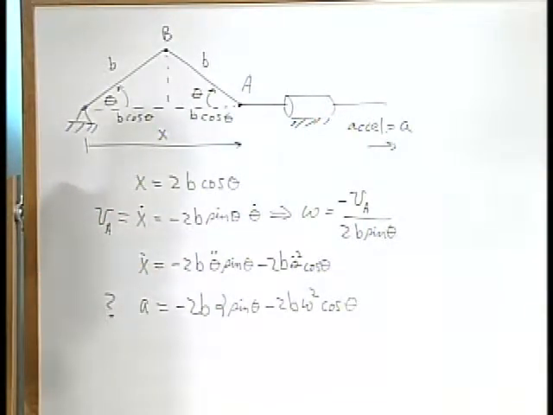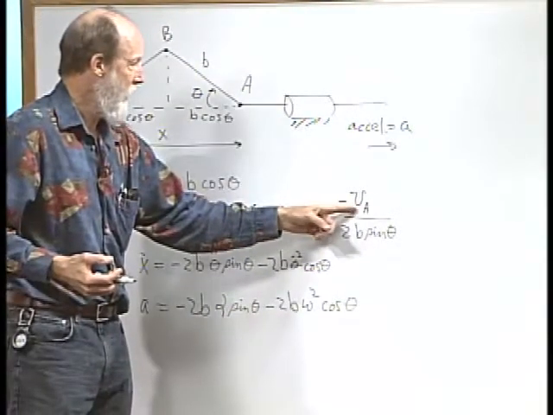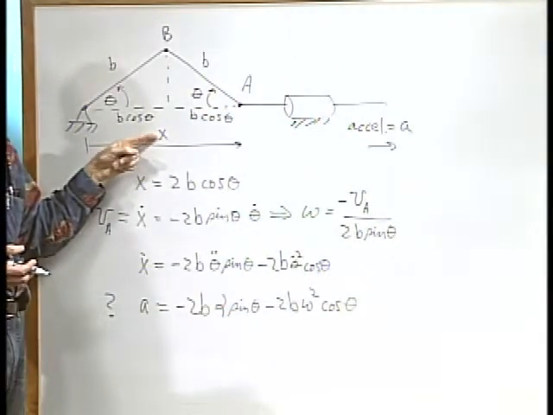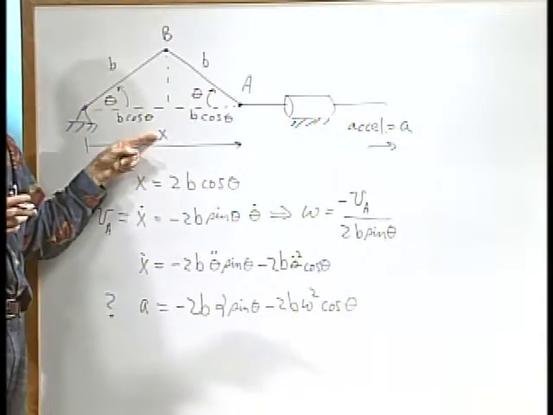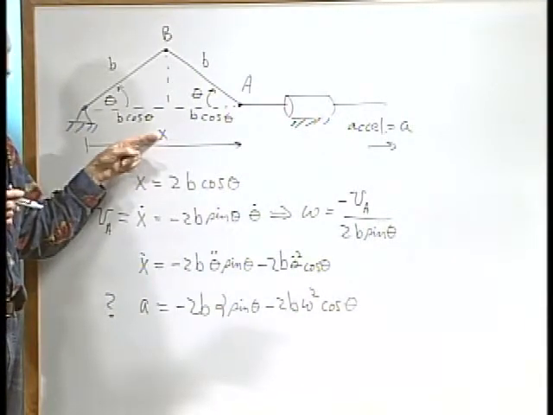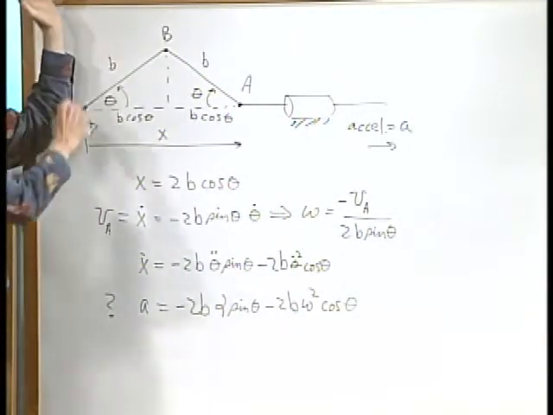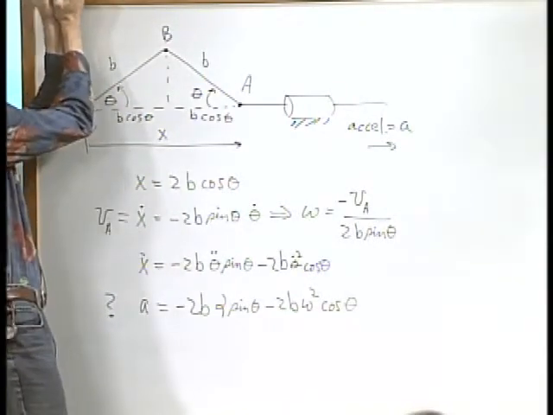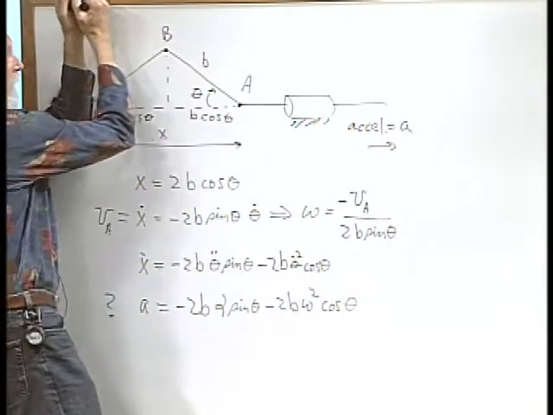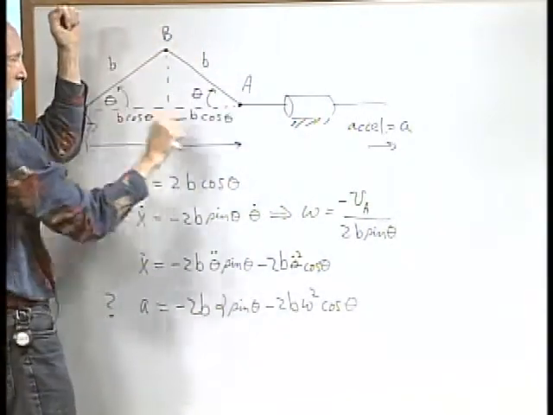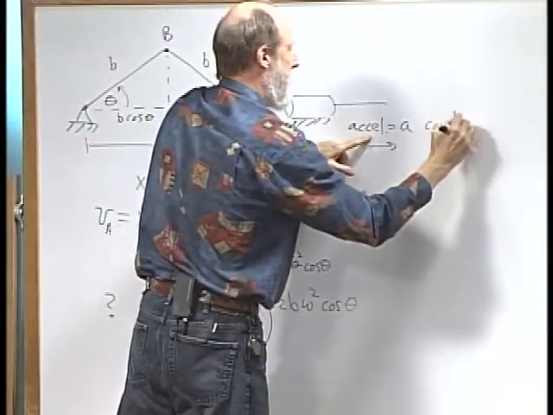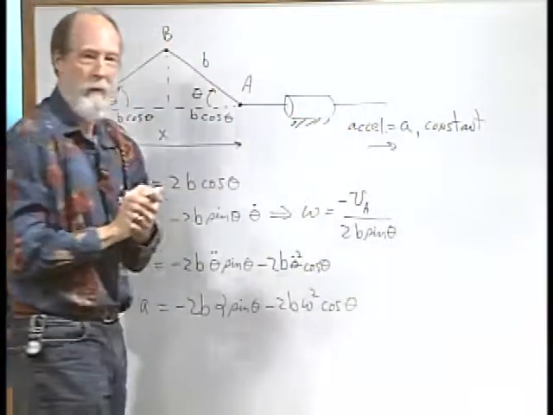So let's see. The velocity of A is this speed right here, of x dot in other words. And they told us in the description of the problem that this arm, the connecting rod and the crank arm here, essentially started up here vertically and then moves out here with a constant acceleration.